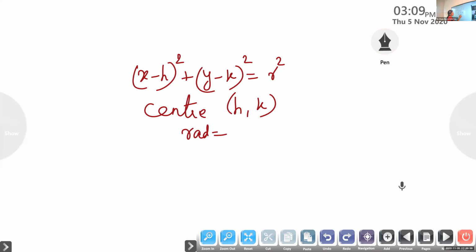If the radius is r and the center is h comma k, the equation of the circle is given by x minus h the whole square plus y minus k the whole square is equal to r square.